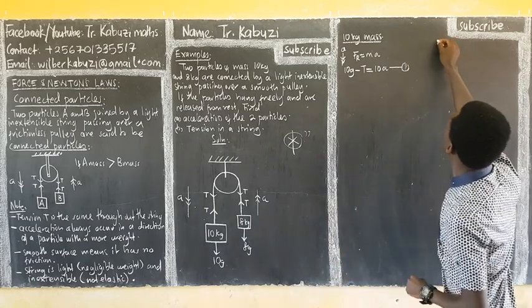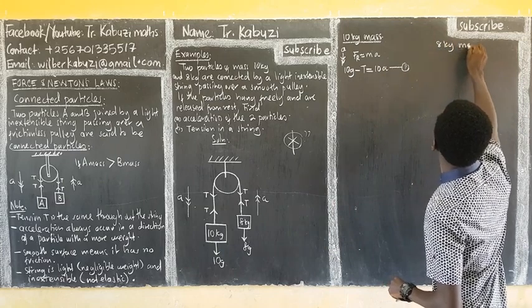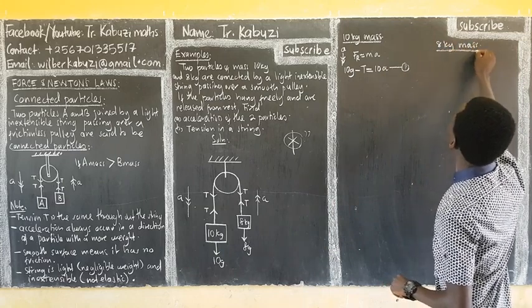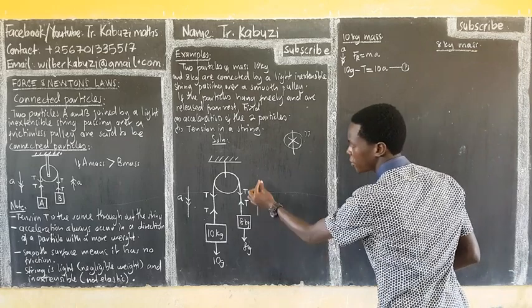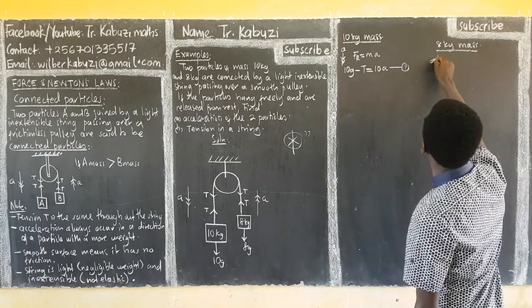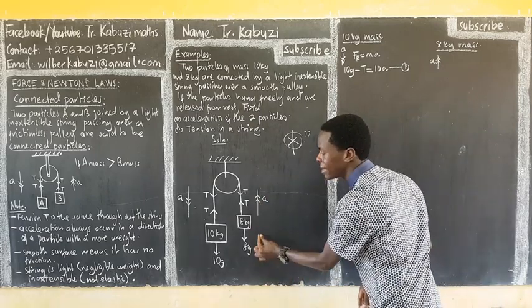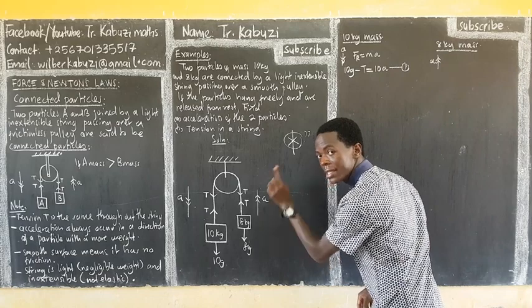Then we come to the 8 kilogram mass. Where is the acceleration? On this one the acceleration is upwards. Always the direction of the acceleration is very important.